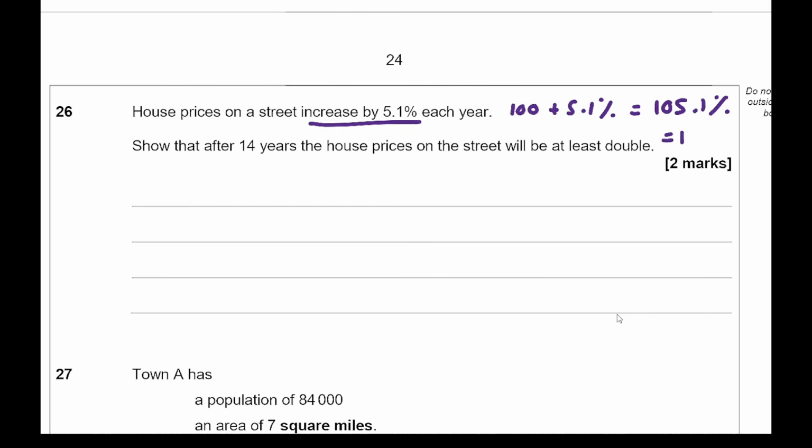And that as a decimal is 1.051. Now, if I type that into my calculator and raise that to the power of 14, I get an answer of 2.006 and so on, which, as this number is over 2, means that it's at least doubled.